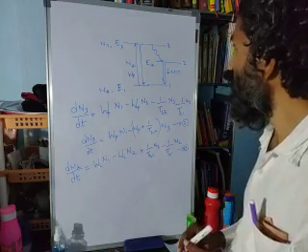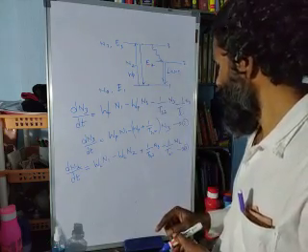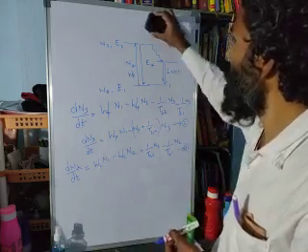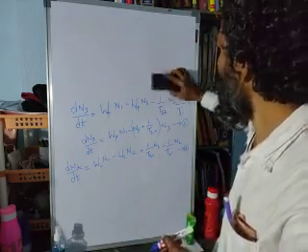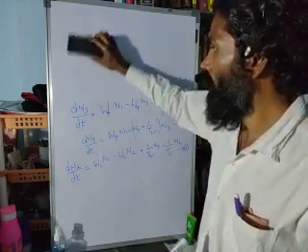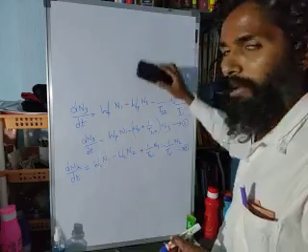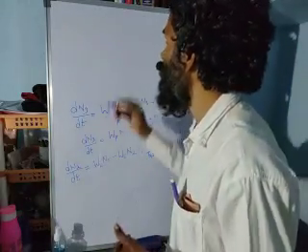But I may have to erase some of the space here on the board, so let me erase it. Let me tell you the way we go towards finding the n2 minus n1 value: we start with something called steady state.